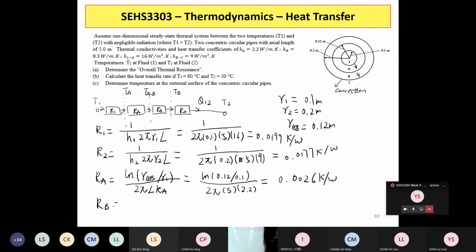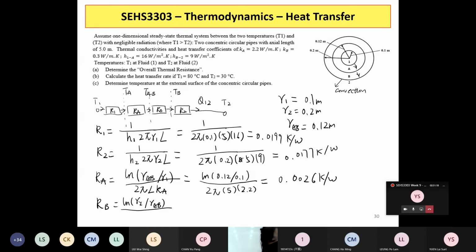RB. Who can tell me how to calculate RB? R2 over, yes, good. Pay attention here, it should be R2 over RAB.